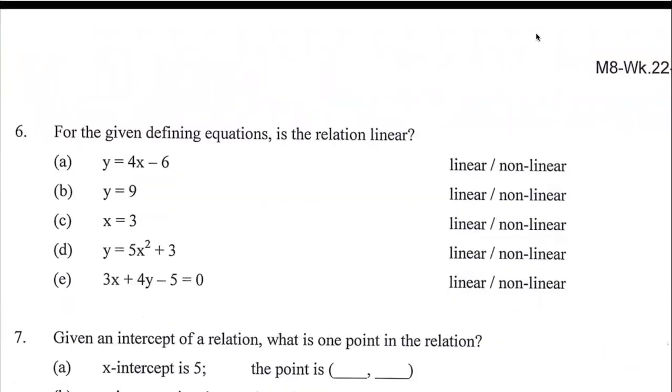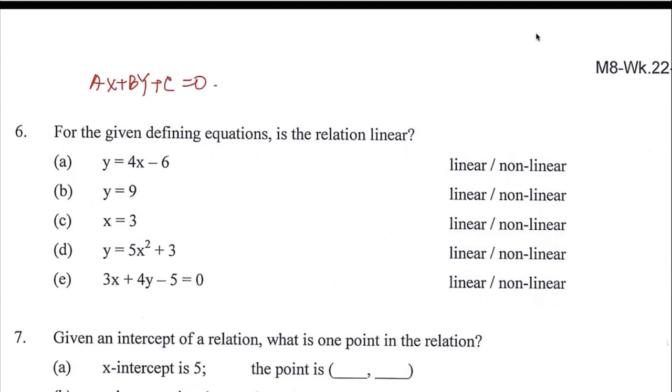For the given equations, is the relation linear? How can we tell whether a relation is linear? Like I said, we studied the general form, the standard form of linear relations last class, right? So we know it's ax plus by plus c is equal to 0.